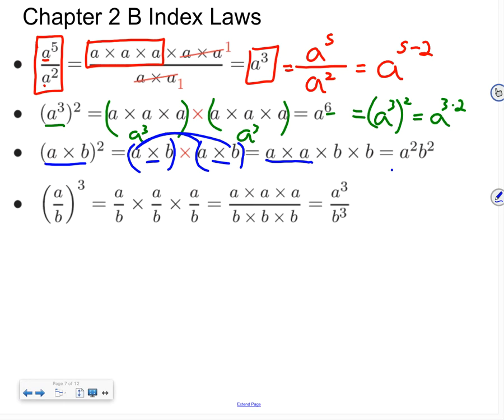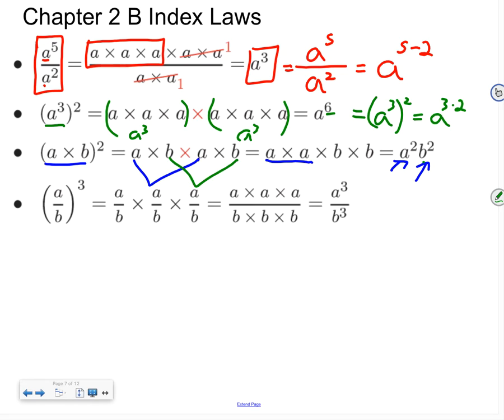So what we get is a squared b squared. We don't necessarily have to double multiply here because there's no addition sign. So we just write it out like that. We can rearrange them and we see that we get a squared and b squared.